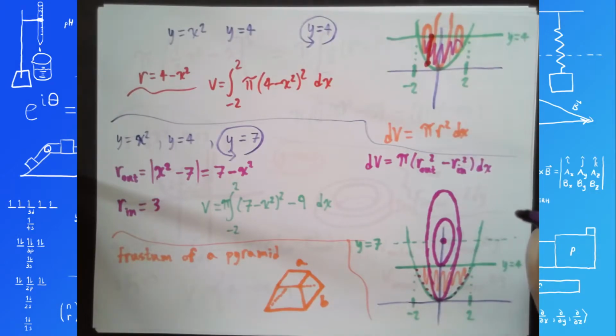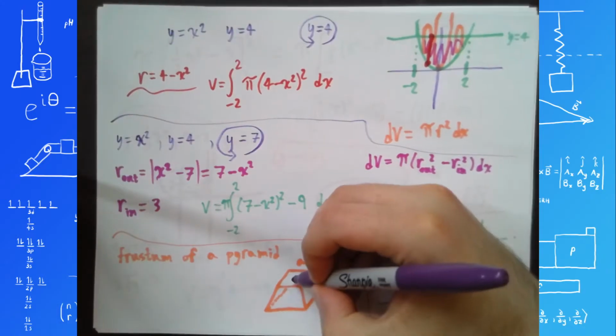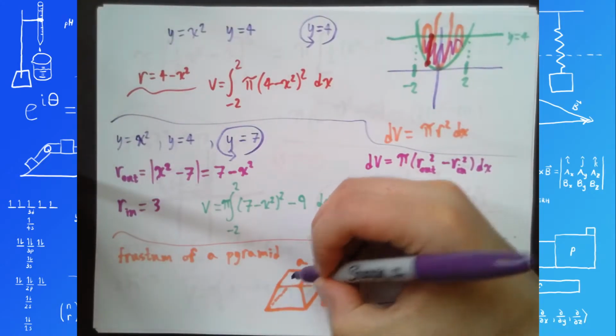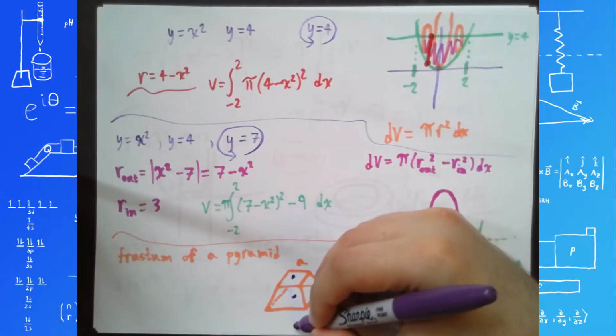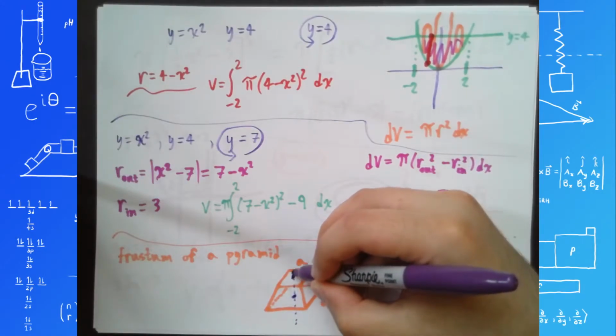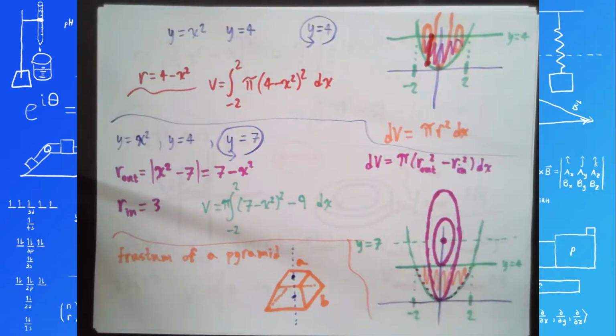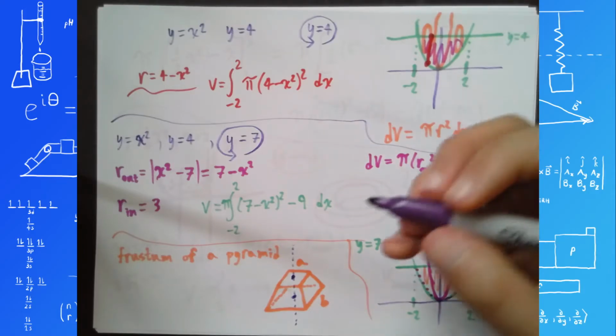So, when I see this, I think of drawing an axis through the center of my pyramid. And let's see, I'm comfortable with lining this thing up along the x-axis. So let's do that.